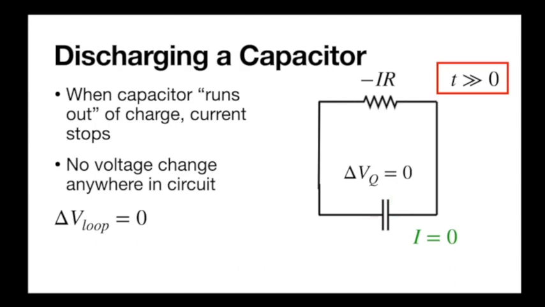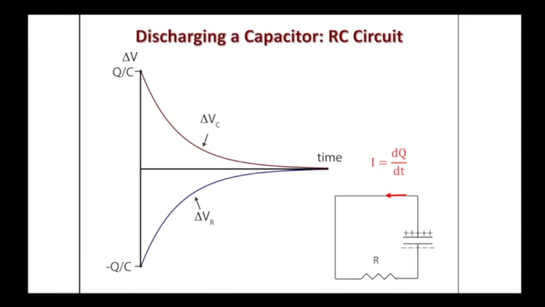And that all really comes from the loop rule. And so we get this interesting thing. Here I've just plotted the voltage across the resistor and the capacitor on the same plot. And you see now the voltage across the capacitor is positive, but the voltage across the resistor is negative. And this chart really shows us the loop rule, right?